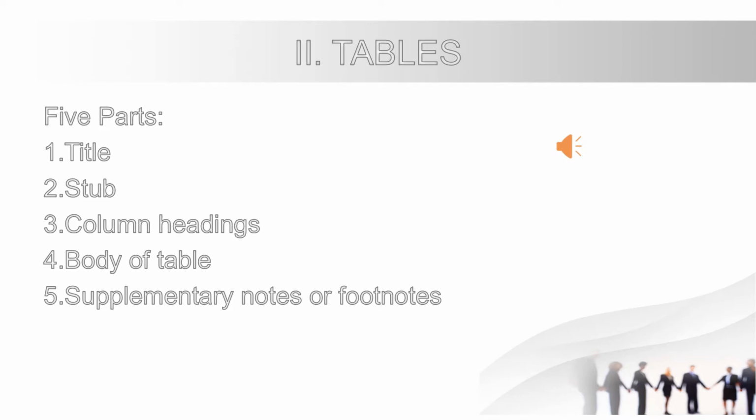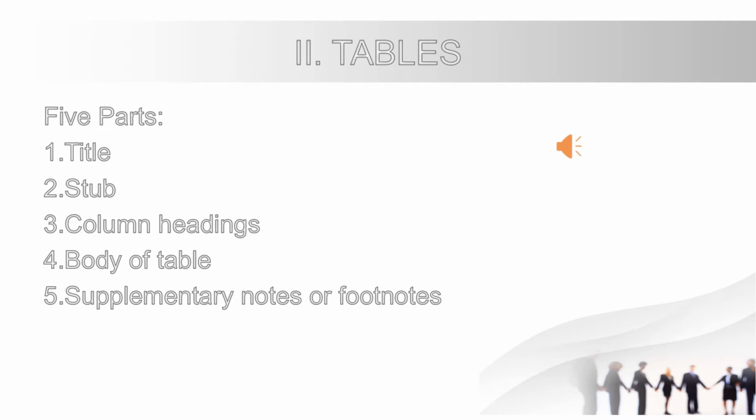It lists the items about which information is provided in the horizontal rows to the right, as a vertical listing of categories or individuals about which information is given in the columns of the table. The stub indicates the basis of classification of rows, or horizontal series of figures.